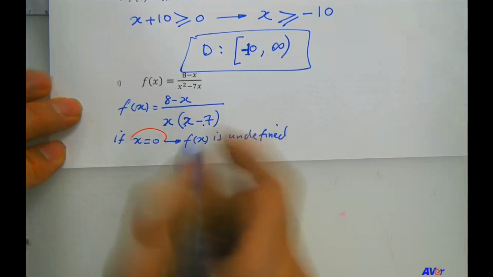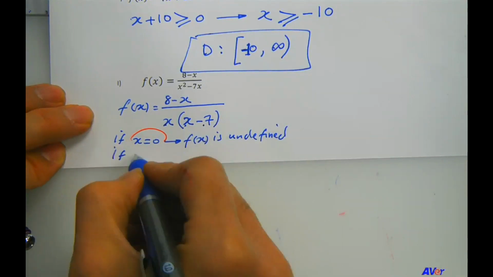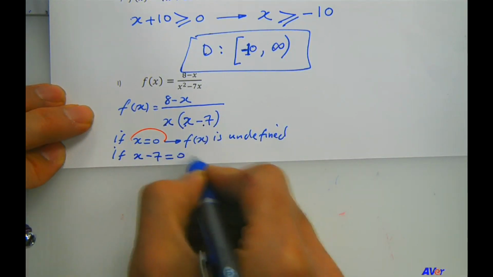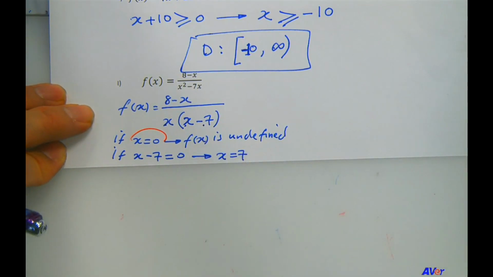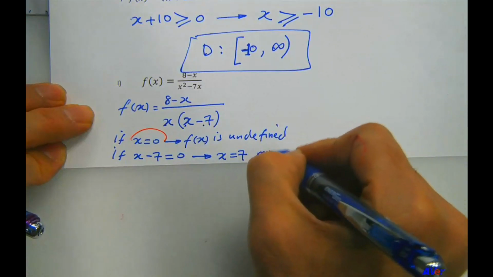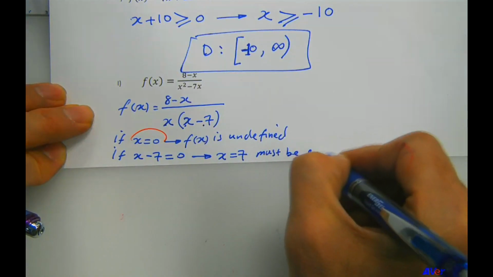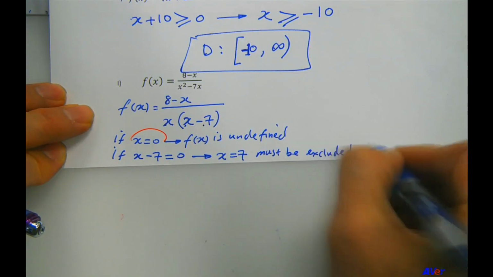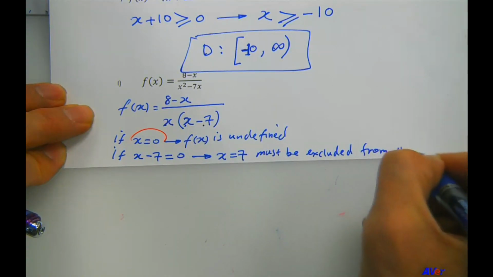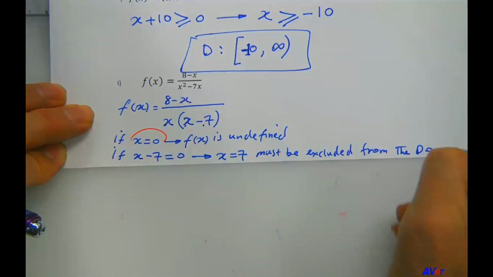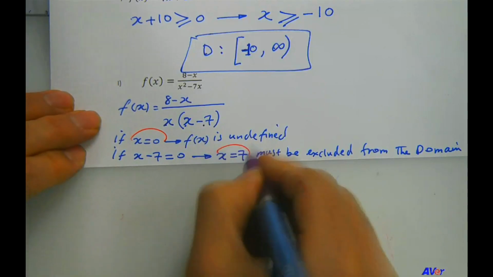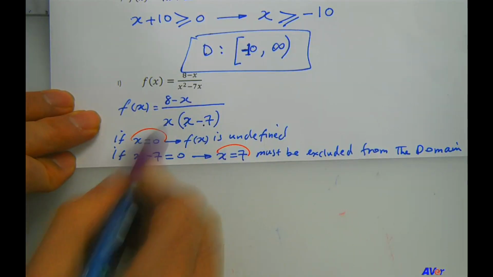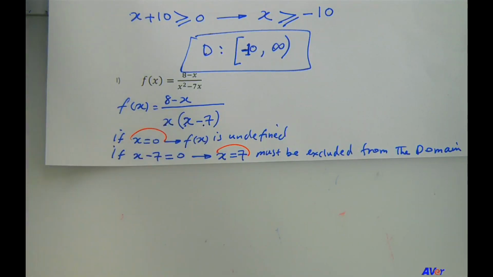Well, the other value is if x minus 7 equals 0, then x equals 7 must be excluded from the domain, right? So we have two values we need to exclude. One is x equals 7 and one is x equals 0. Both of those will make this expression, this function, undefined.